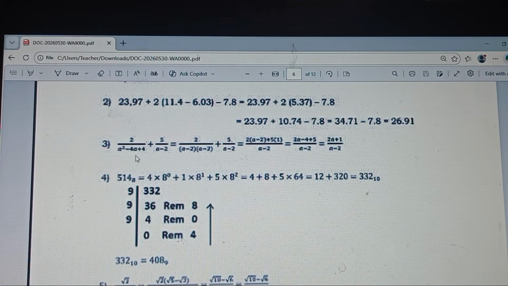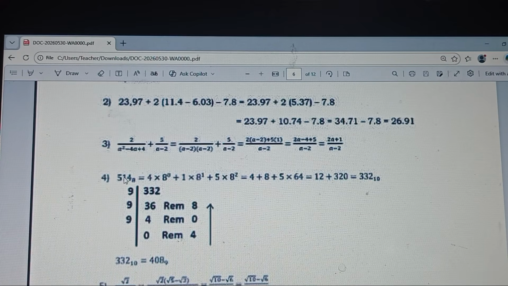Here the roots are the same, which means that when you put on the common denominator, the common denominator is a minus 2. Then when you divide, here we have a minus 2, here you have 1. Then you make addition, you will get 2a plus 1 over a minus 2.